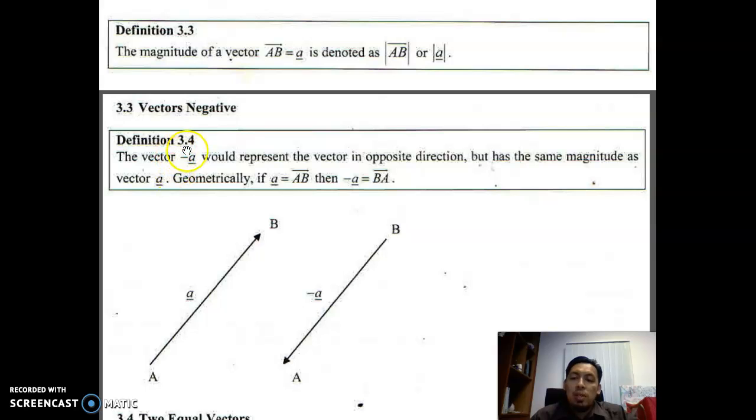For example, if you have vector AB, this is A to B, and when you input the negative, automatically the direction, with the initial and terminal points, changes. Now it becomes negative AB, the direction changes to the opposite side, and B now becomes the initial point.